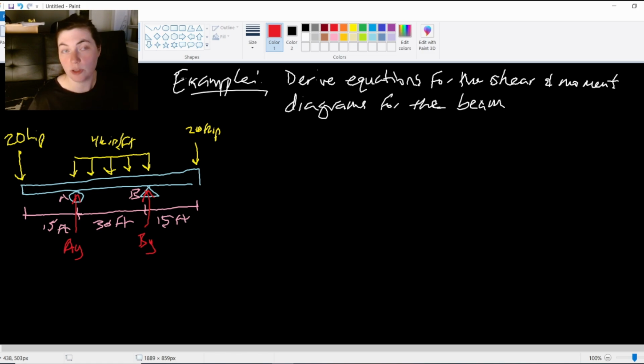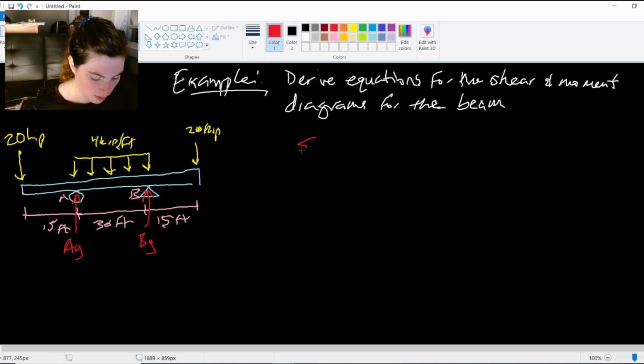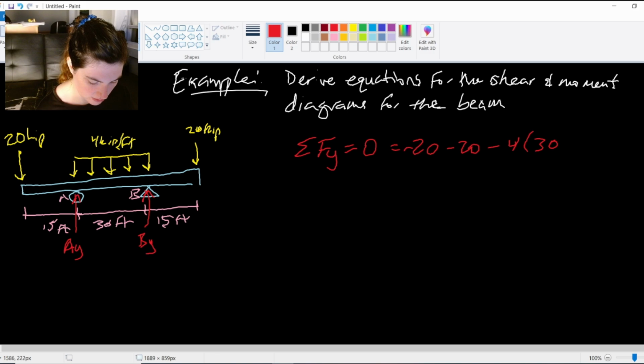So if I got AY and BY, I can go ahead and apply my sum of forces in the y direction equals 0. It's going to give me my negative 20, I should say, 2 negative 20s minus 4 times it's over a distance of 30 plus AY plus BY.